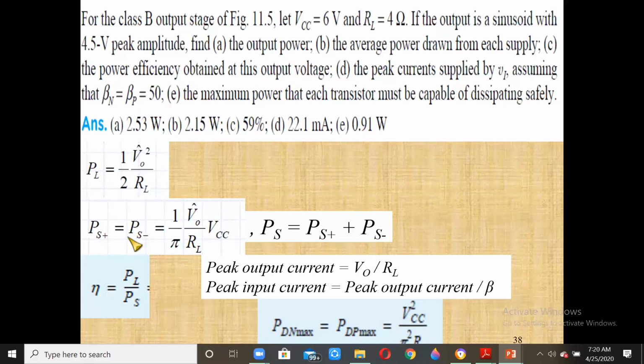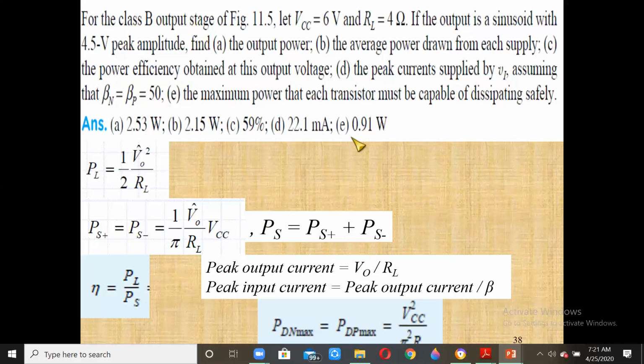Similarly, PS plus and PS minus is the average power drawn from each supply, and that will be 1 by pi, V naught by RL, VCC. If you find each one of these, we will get the value as 2.15 watt. So the total power dissipated will be double of this, which will be 4.3.